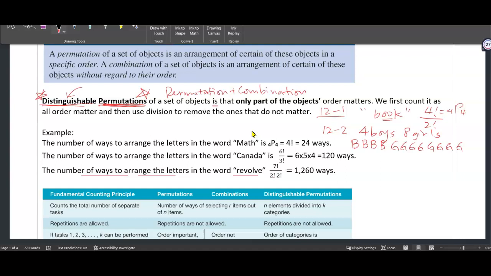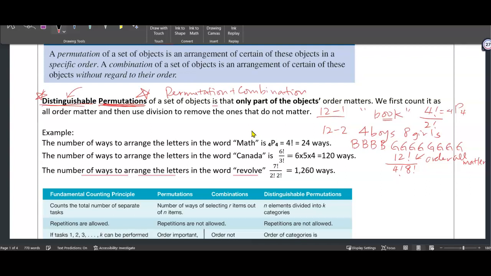So in total, we treat it as all order matters, 12 factorial, and then take away the 4 boys, where order does not matter, and the 8 G's, where order does not matter, right? So first we treat all 12 as order matters, like 12 permute 12.